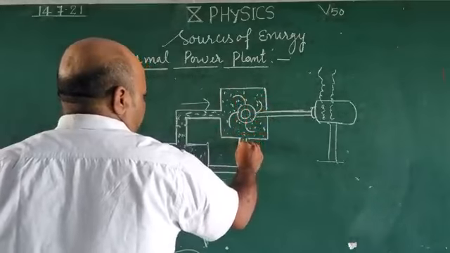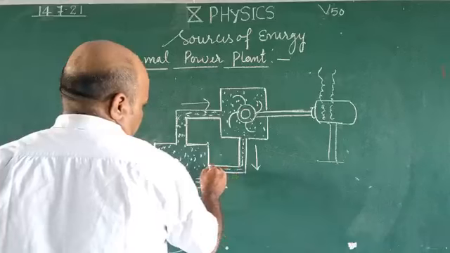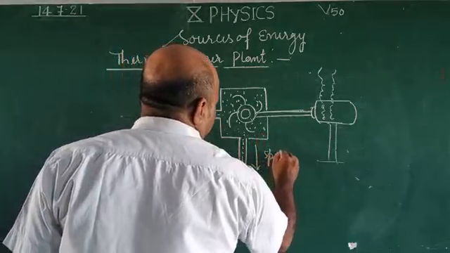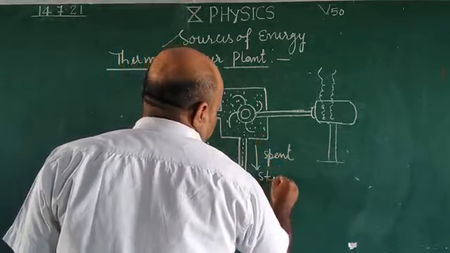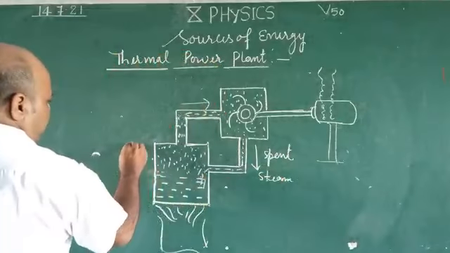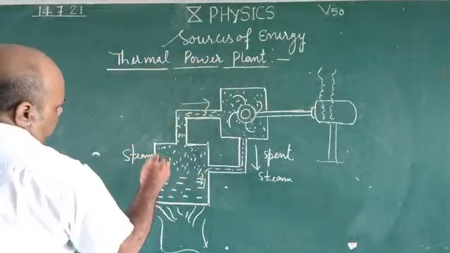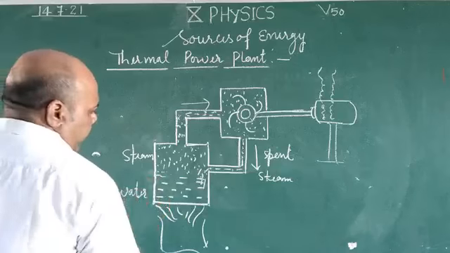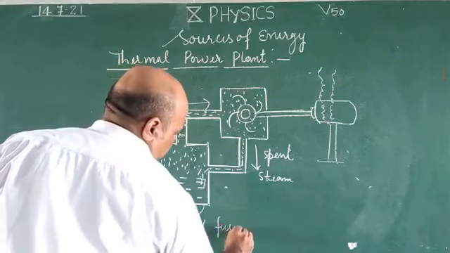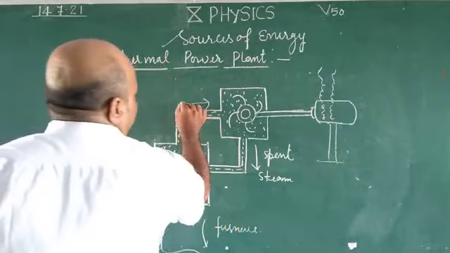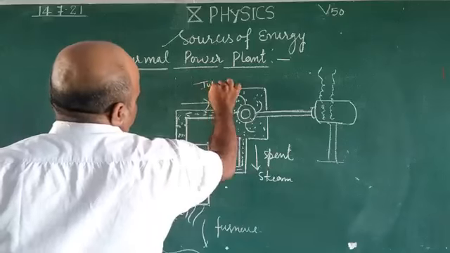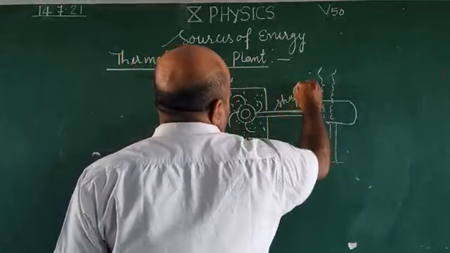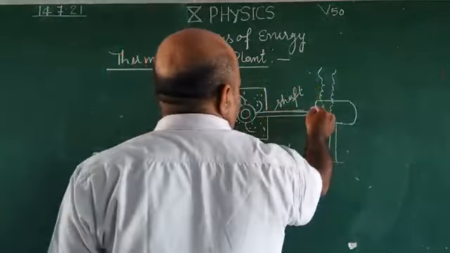After cooling, this water returns here. This is the spent steam. This is the steam. This is water. This is the boiler tank, furnace. This is the turbine. This is the shaft. This is the generator.